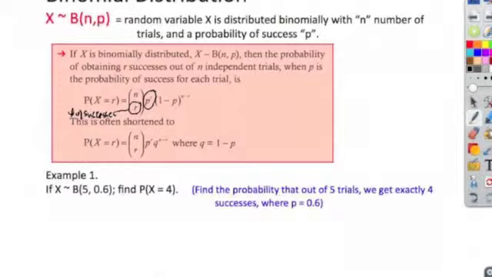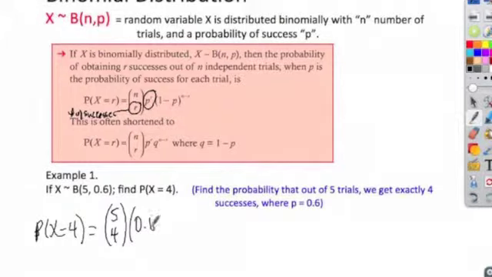All right. So the way to calculate this, using the formula, is the probability that X equals 4 is equal to, and we'll just substitute into the formula, it's 5 trials. We're looking for the probability of 4 successes. The probability of success on each trial is 0.6, and we're raising it to the number of successes.